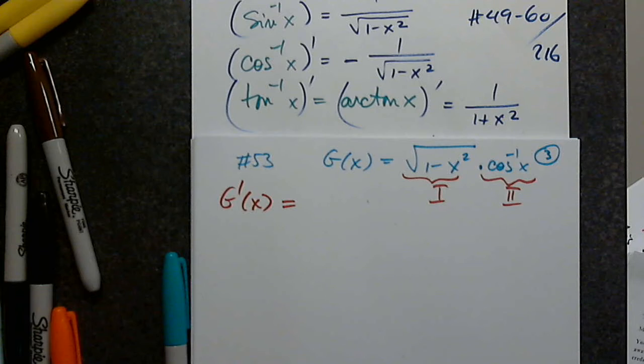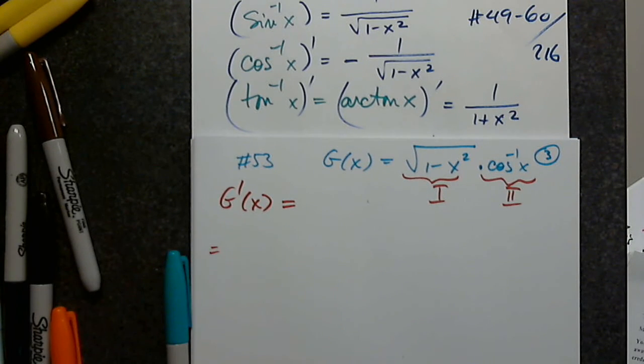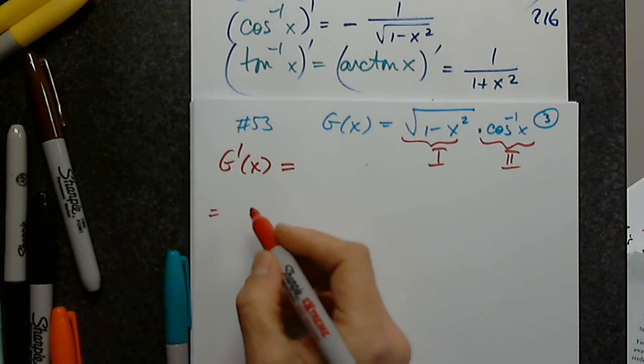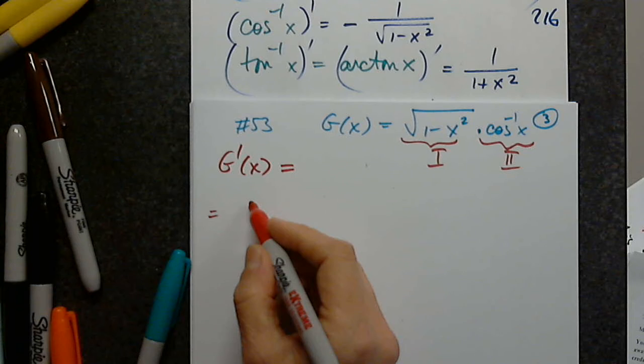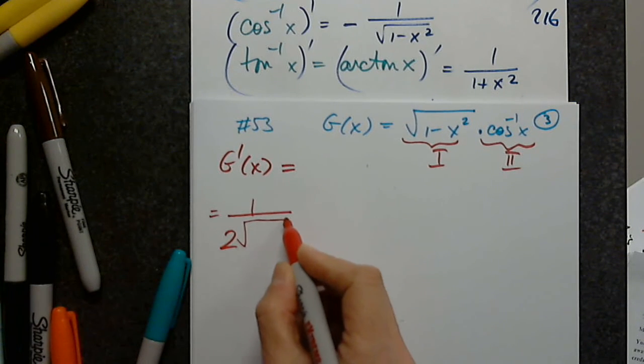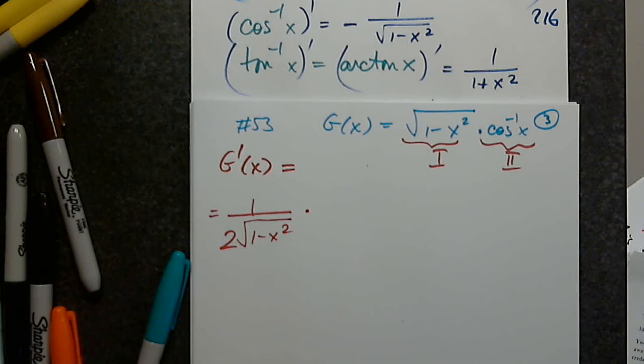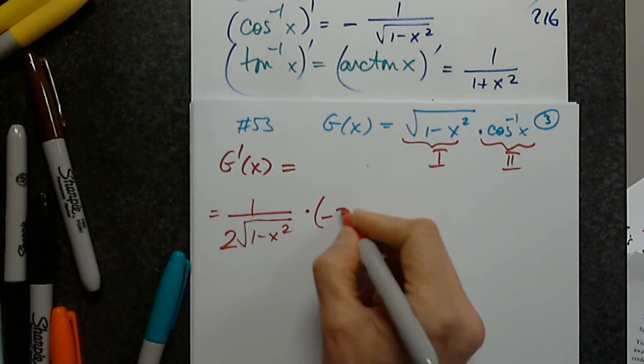But with a ratio, be very careful. Okay, so when I differentiate a square root of a function, 1/2, very good, square root of 1 minus x squared, times the inner function prime, 2x. Correct.